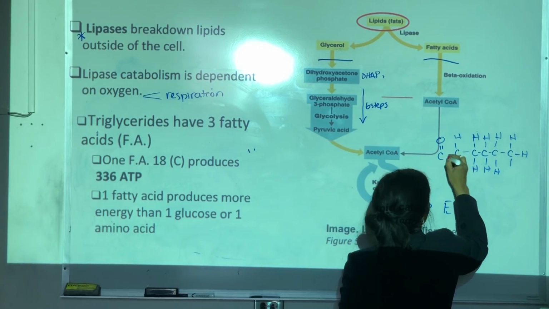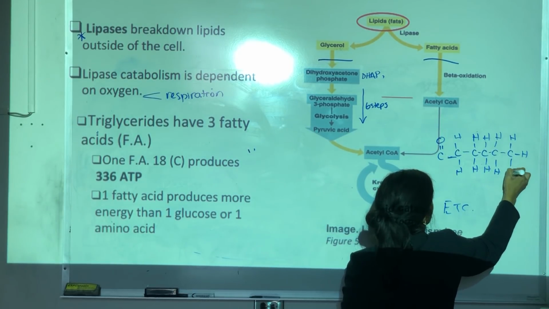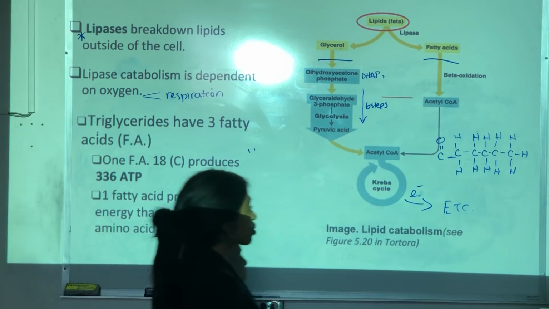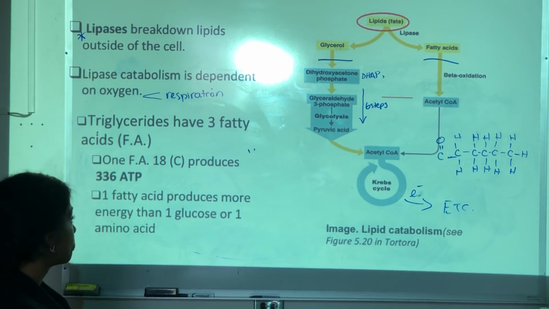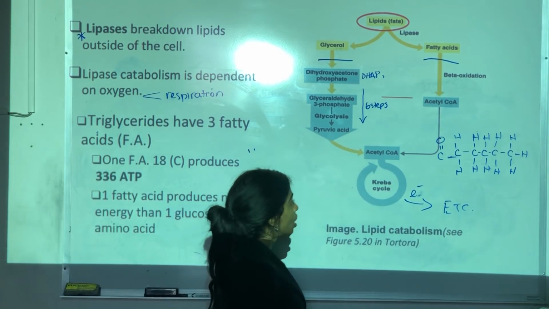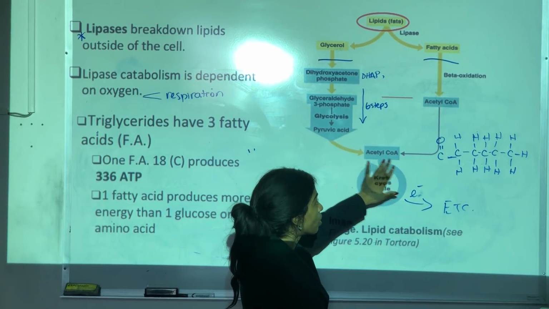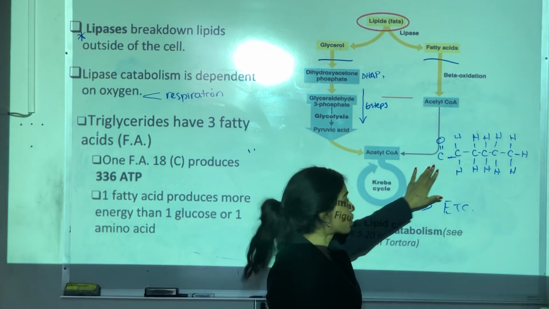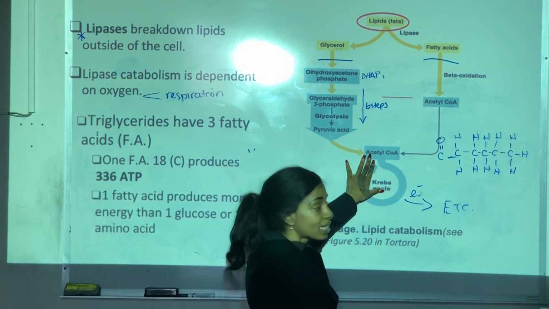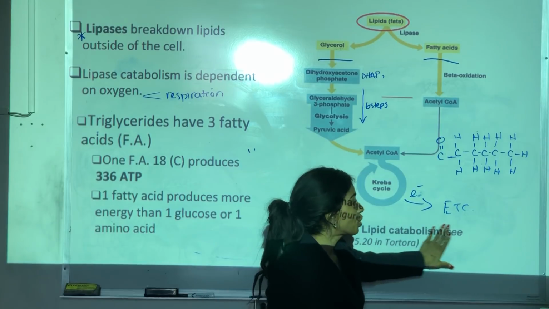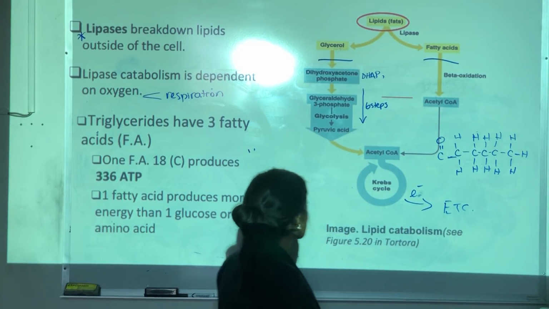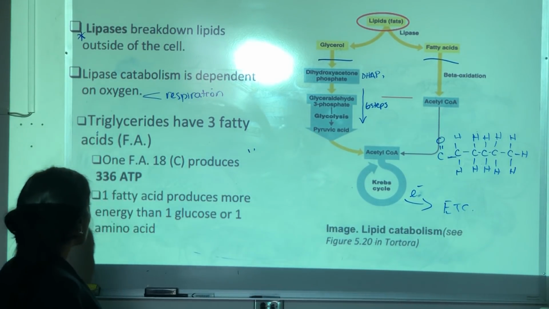This will be your representation of a fatty acid. It has so many electrons, way more than glucose. But those electrons are eventually removed, the fatty acid is eventually broken down, its constituents enter into the Krebs cycle, and all these electrons of the fatty acid will be brought to the electron transport chain.